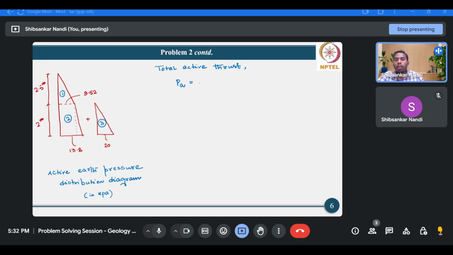So for component 1, it's a triangle, so the area would be half times 9.52 times 2.5. So this is your component 1. Then component 2, it's a trapezium, so it will be half times 9.52 plus 13.8 multiplied by 2.